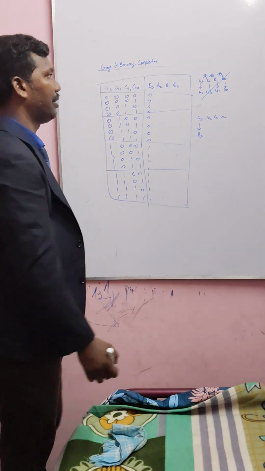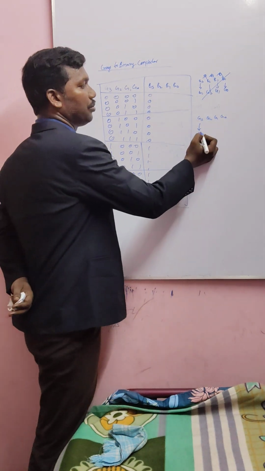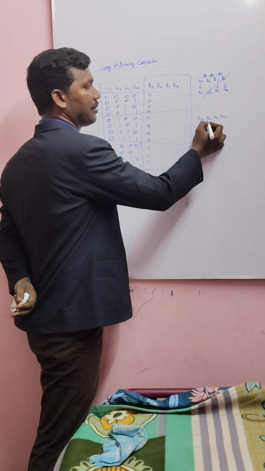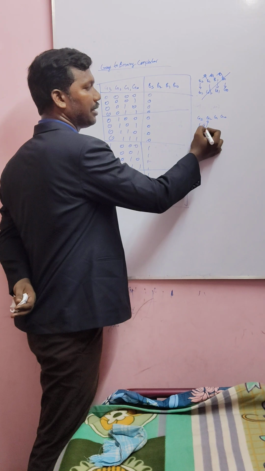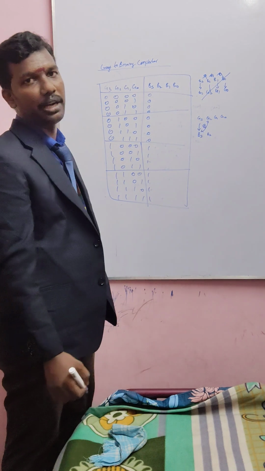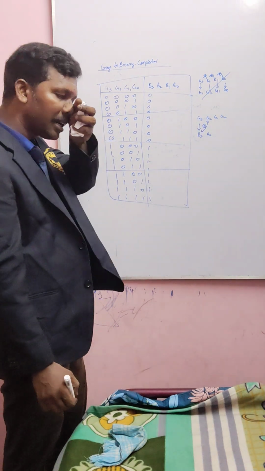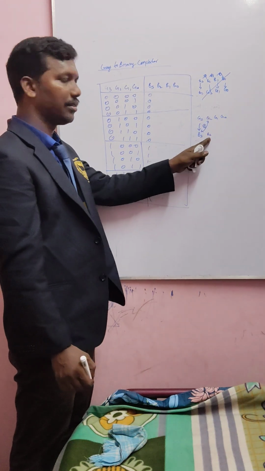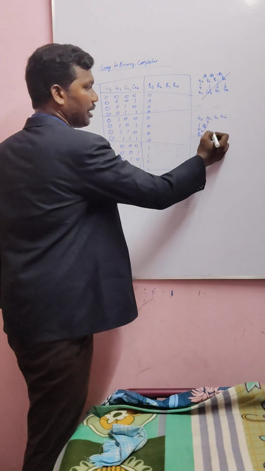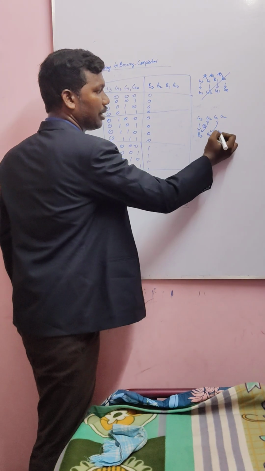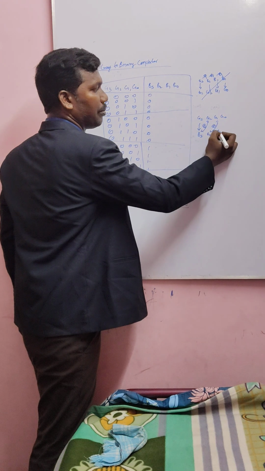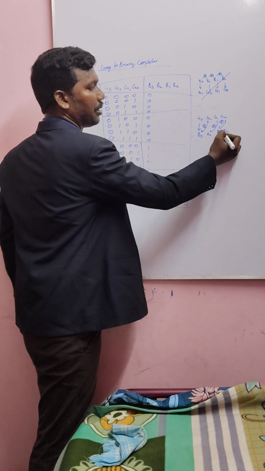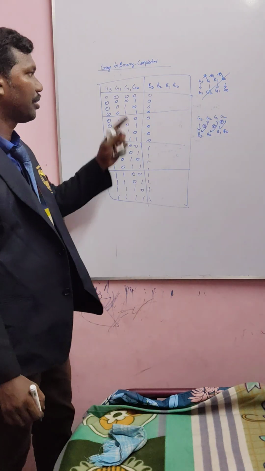When you come to B2, do the XOR of the result with the next immediate input value. Be clear on that: do XOR of the result with this one, and this is the result of B2. Do XOR of that result with the next, G1, and the result will be B1. Do XOR of B1 with G0, and the result will be B0. Now do this operation.